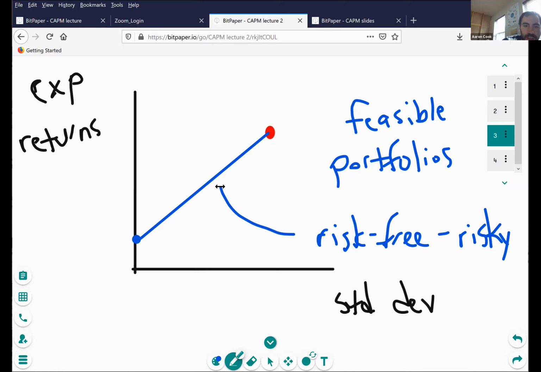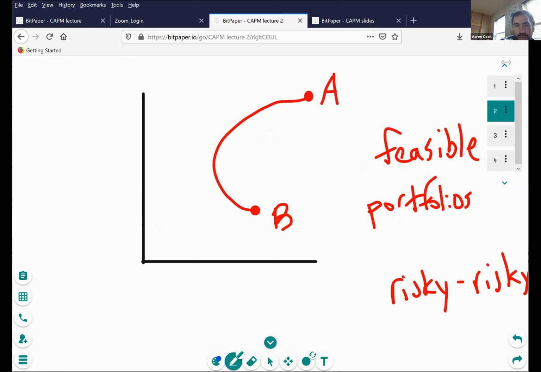So these combine the risk-free asset. This blue dot in the southwest corner is a risk-free asset. The red dot in the northeast corner is the risky asset, and this blue line represents feasible combinations of those two. So we have this red line representing risky, including two risky assets. That's the feasible portfolios of two risky assets.